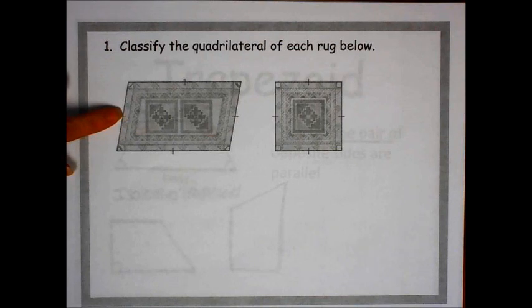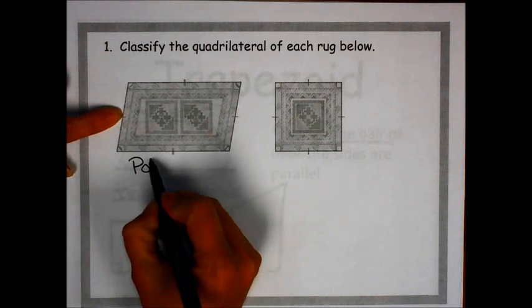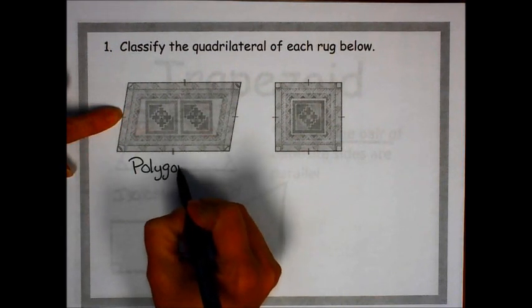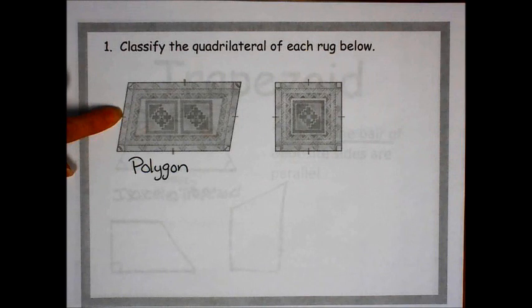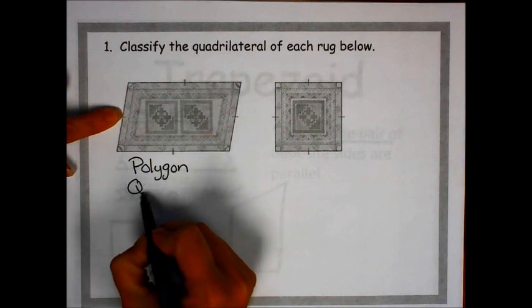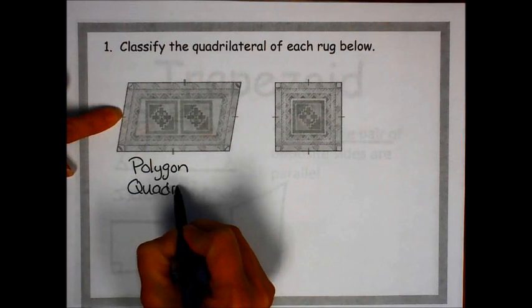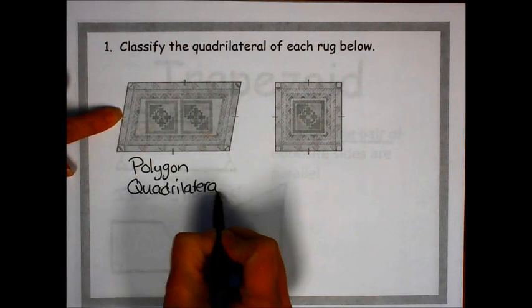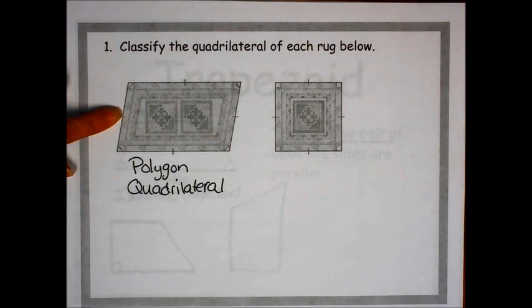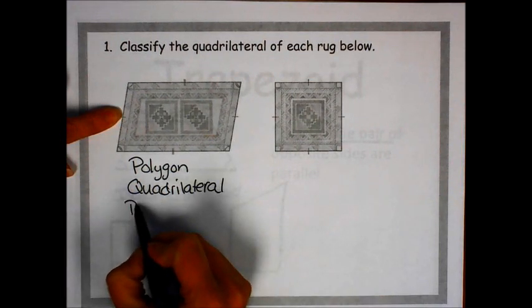So let's look at the first one, number 1. I know that it is a polygon because all sides are straight and it's a closed figure. Since it's a polygon that has 4 sides, I can also call it a quadrilateral. Then it has a more specific name than just quadrilateral, and the most specific name I can give it is a parallelogram.